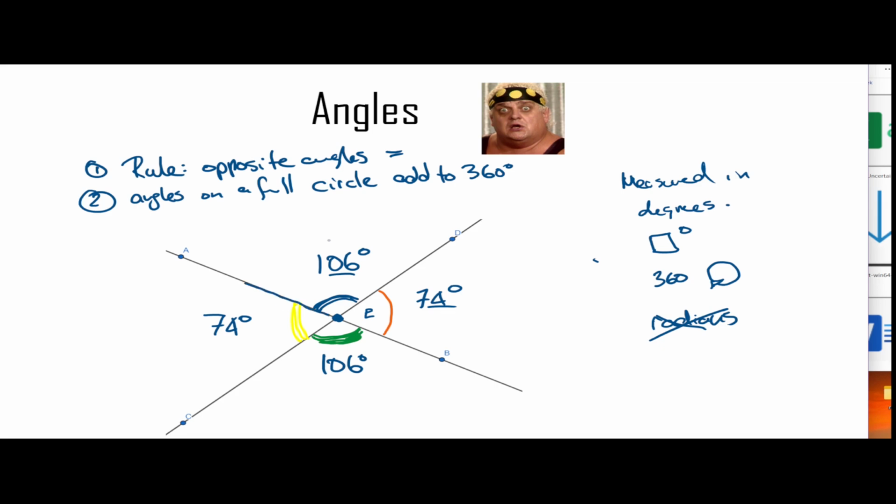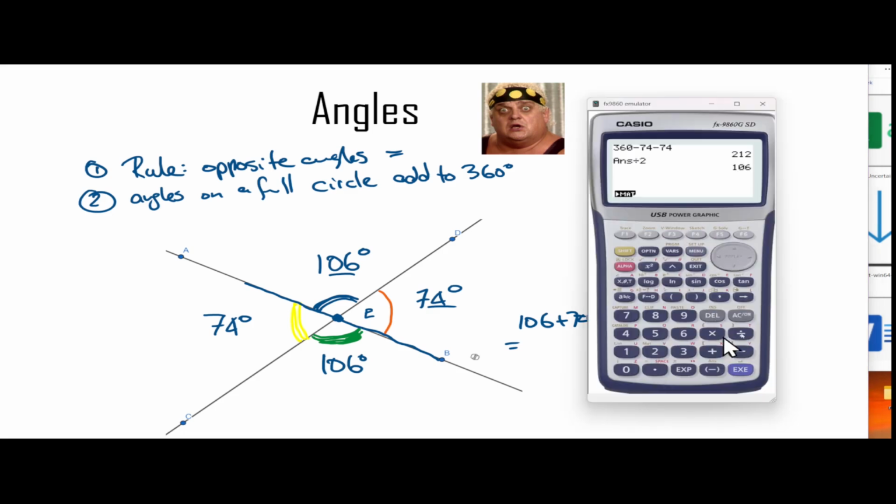Okay, the third rule, notice that this angle here and this angle here, they're on a straight line. The line is AB. Angles on a straight line add to 180. So the blue one here and the orange one add to 180, and 106 plus 74. Calculate if you want. 106 plus 74 comes to 180.